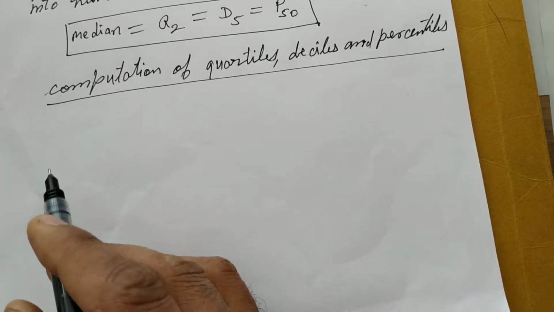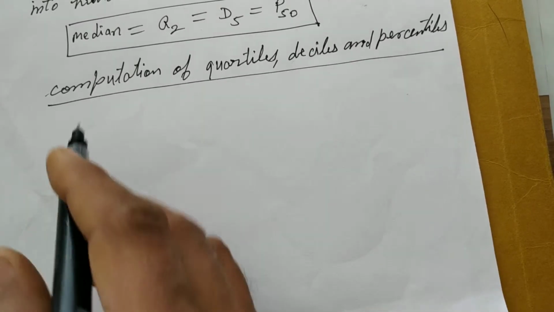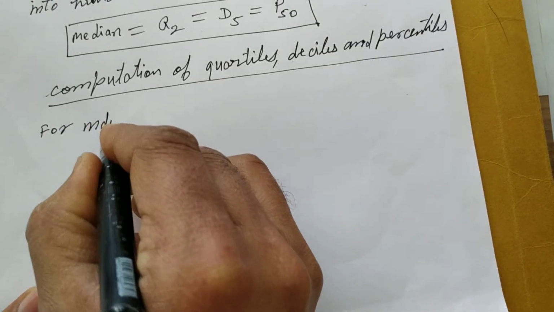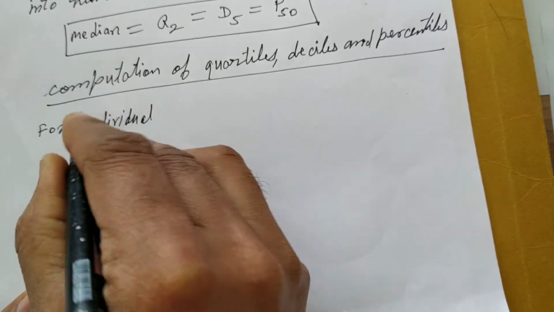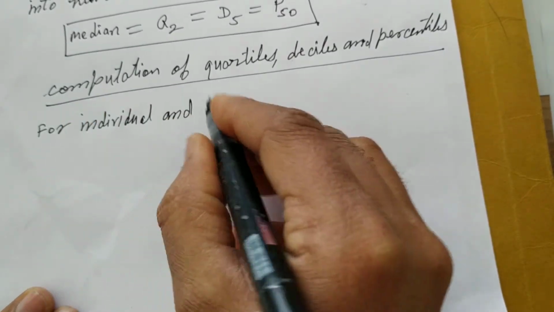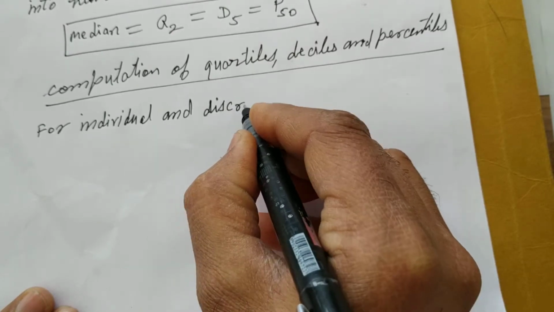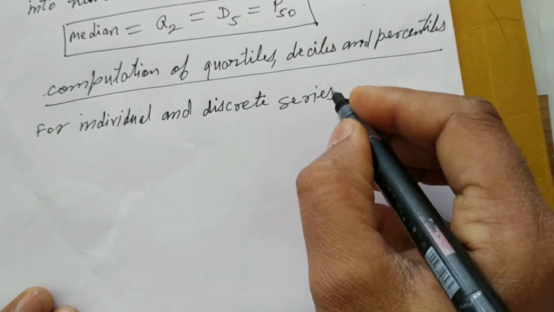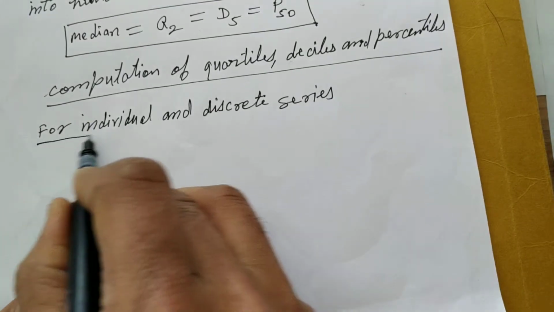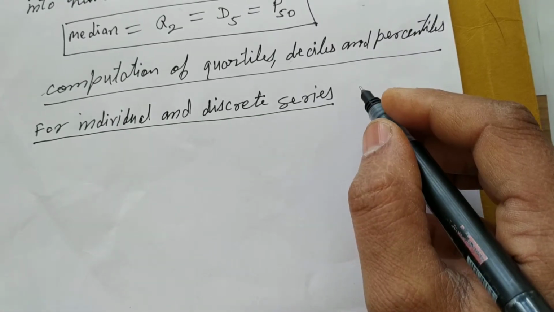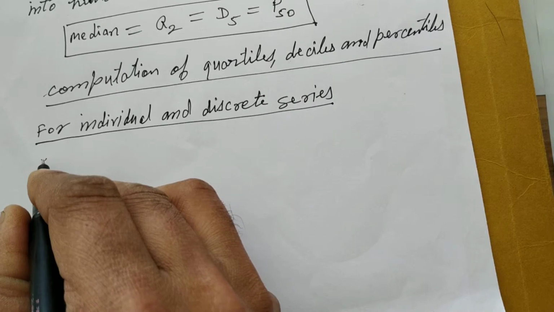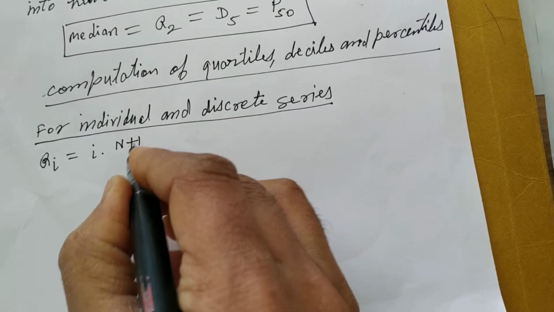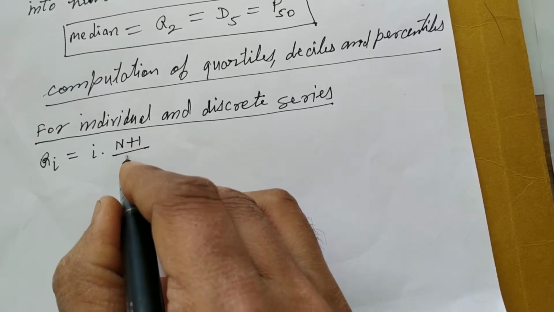So for individual and discrete series, the formula is Qi is equal to i into n plus 1 divided by 4th item value.